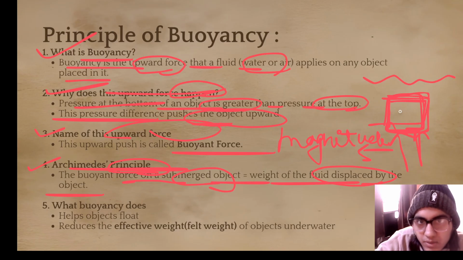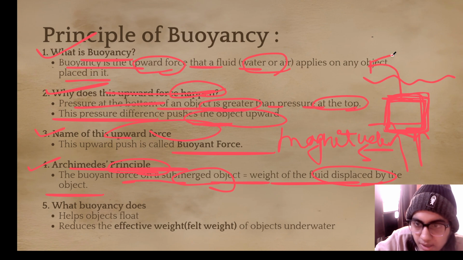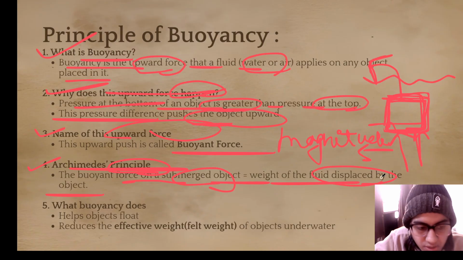So that water that covers this object's space, when we take out this object, is the displaced fluid. So the magnitude of this upward force, or buoyant force, is equal to the weight of the fluid displaced by the object.